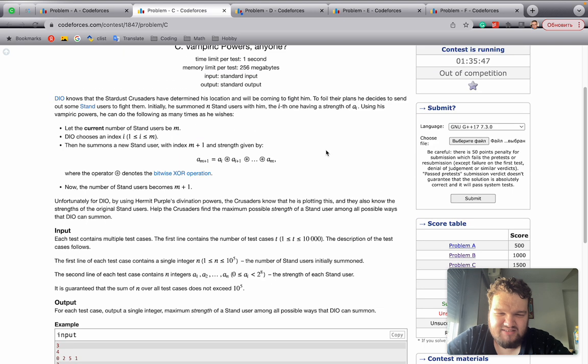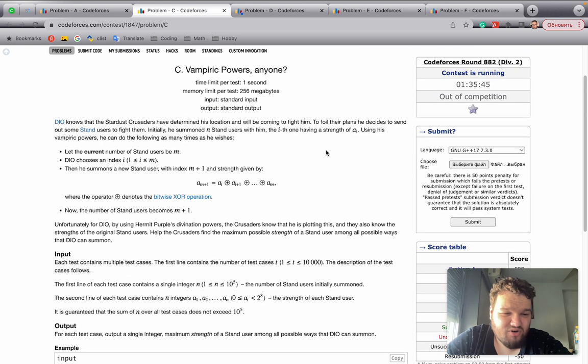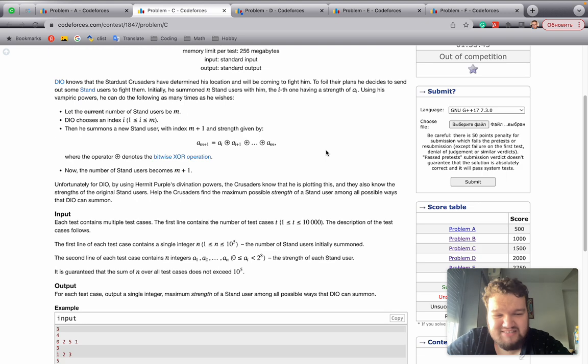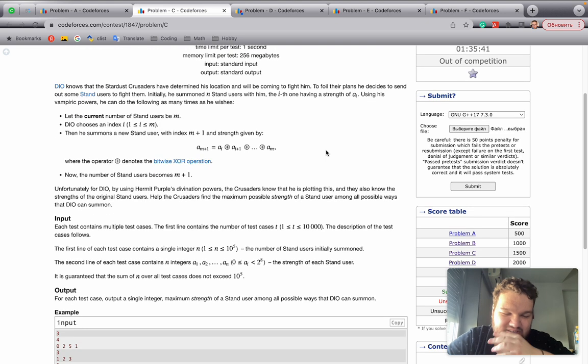I mean, it is on the border, might pass, probably passes if written right. But instead, we want to utilize that the sum of n is limited by 10 to the fifth. So sum of n times 2 to the 8 would be great.